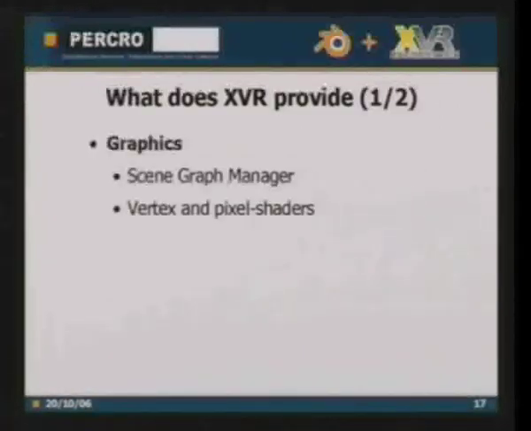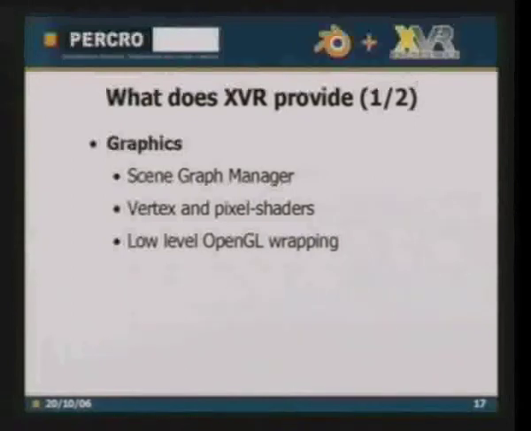So, more in detail, graphics provide a scene graph manager, vertex and pixel shaders recently, and also low-level OpenGL wrapping. But you can use it also without knowing anything about OpenGL, because the most frequent operations are wrapped, so that you can load a model and you obtain an object and you can rotate it and translate it with methods without knowing anything about OpenGL.